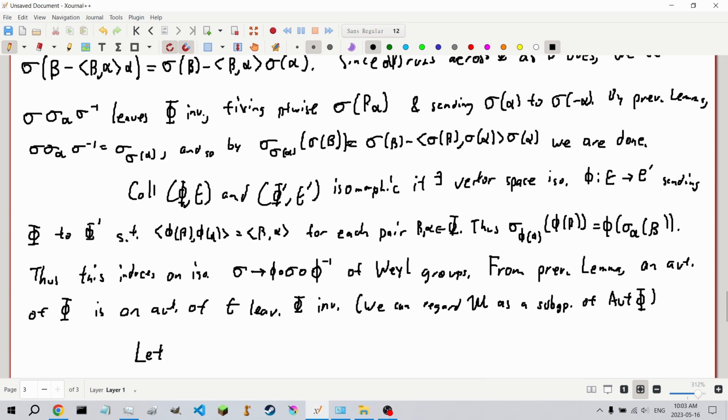So if alpha is a root, alpha caret is going to be 2 alpha over the form of alpha with itself.